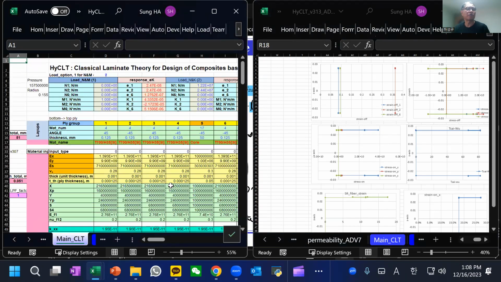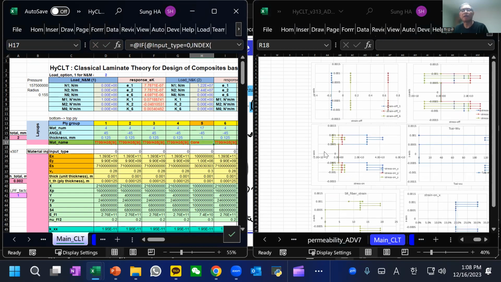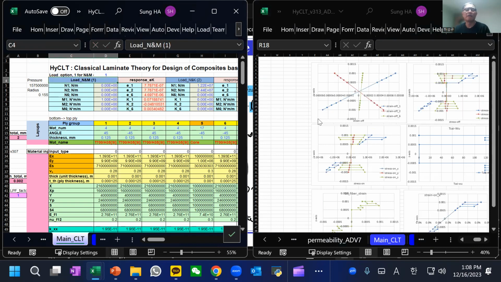What I would like to show is that depending on this thickness, let's start from 1.